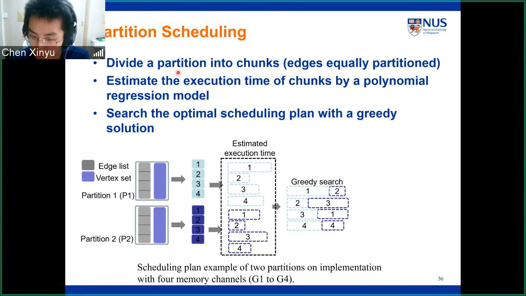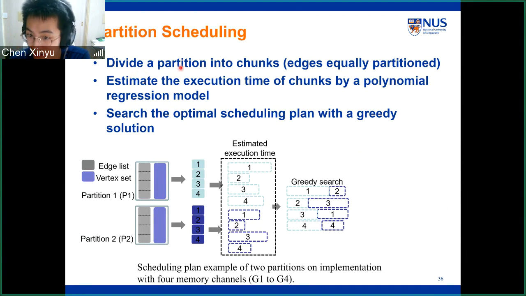It doesn't matter that partitions have different edges. The main point is that when we process one partition, we need to fully utilize all the PEs to process that partition. So here comes our idea.